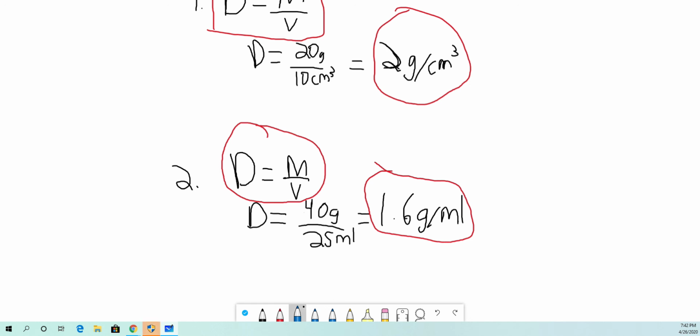If I had water, which universally has a density of 1 gram per milliliter, I would want to know, can my object float or sink in water? So again, my water has a density of 1 gram per milliliter. My object number 2 has a density of 1.6 grams per milliliter.